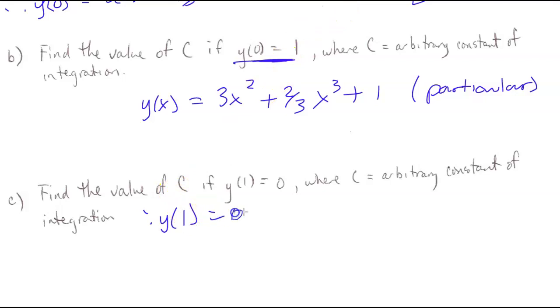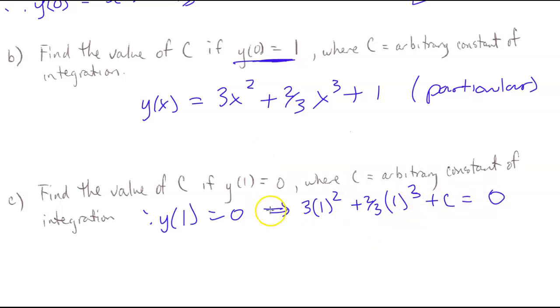That implies here that we have 3 times 1 squared plus 2/3 times 1 cubed plus c, and that's going to equal 0.